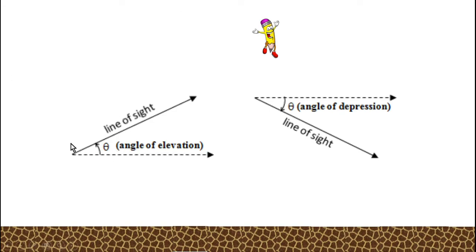So this is the line of sight and your horizontal line. The term angle of elevation denotes the angle from the horizontal line upward to the line of sight, while the angle of depression denotes the angle from the horizontal line downward to the object or to the line of sight.